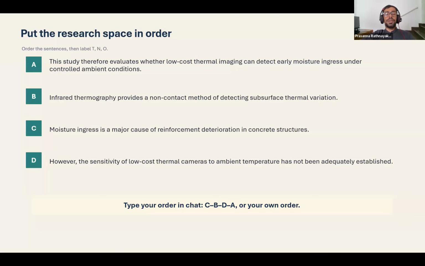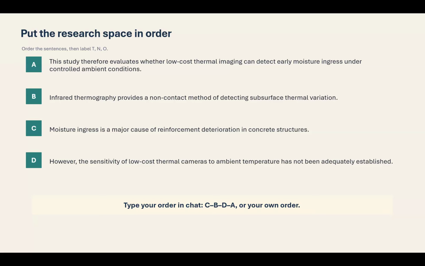We had a different order. Let me ask Mihiri, why do you think B, C, D, A is the best order? Hello. Yes, Mihiri. Okay. So first of all, we go with the T and O, like the thing we have learned.